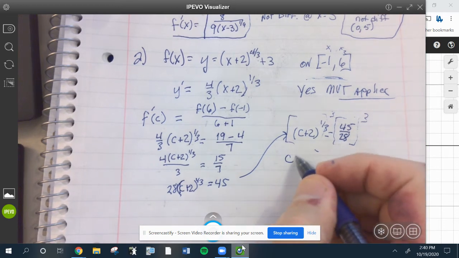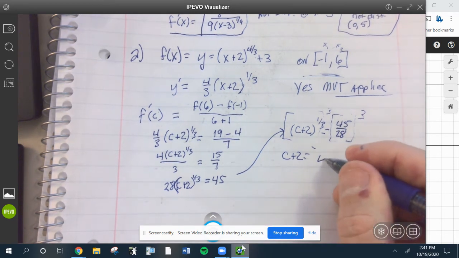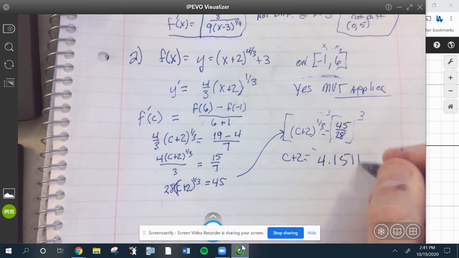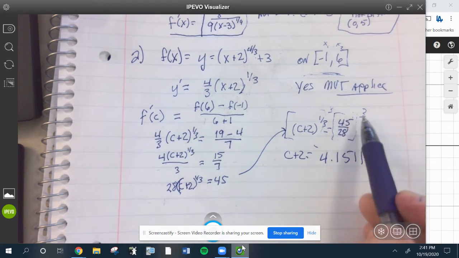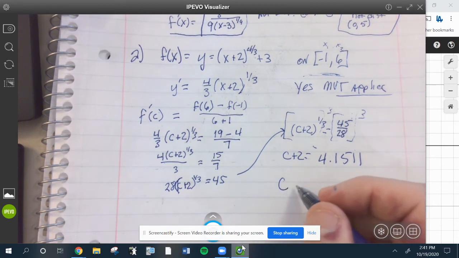So I have c plus 2 equals 45 over 28 to the 3rd, which is about 4.1511. If you want to keep the fraction, just cube the 45 and cube the 28, but this is good enough for this problem. Subtract 2.